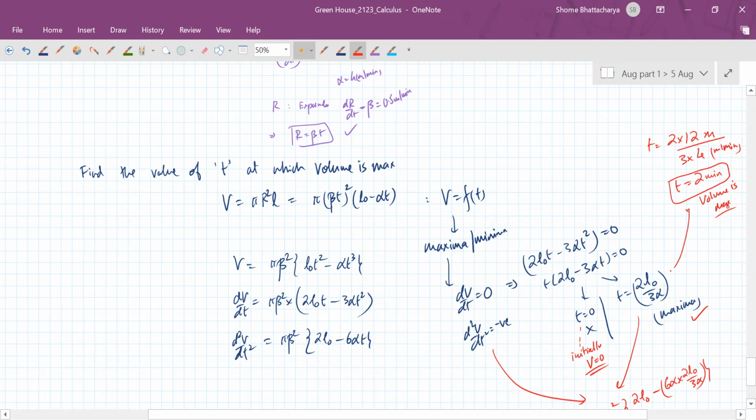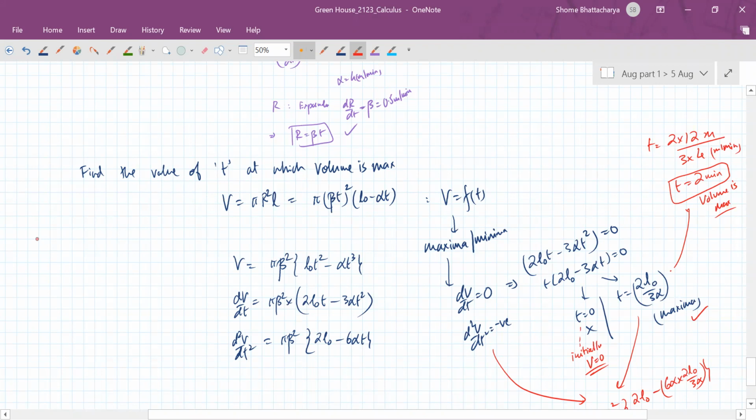So logically, you'll also understand what is happening to this body. As time is progressing, its radius is increasing, but its length is compressing.